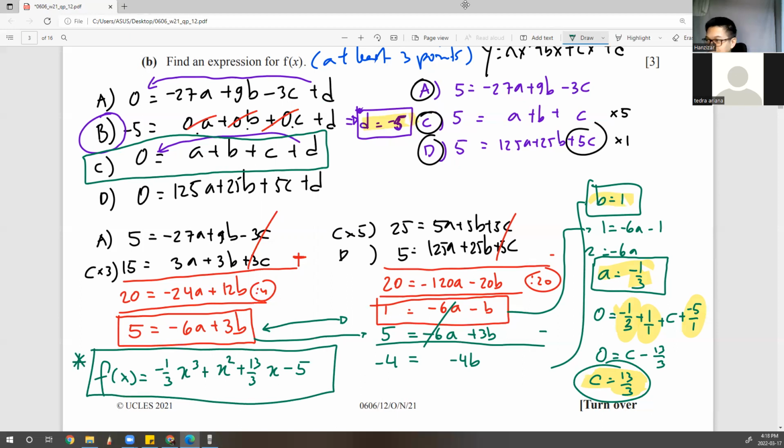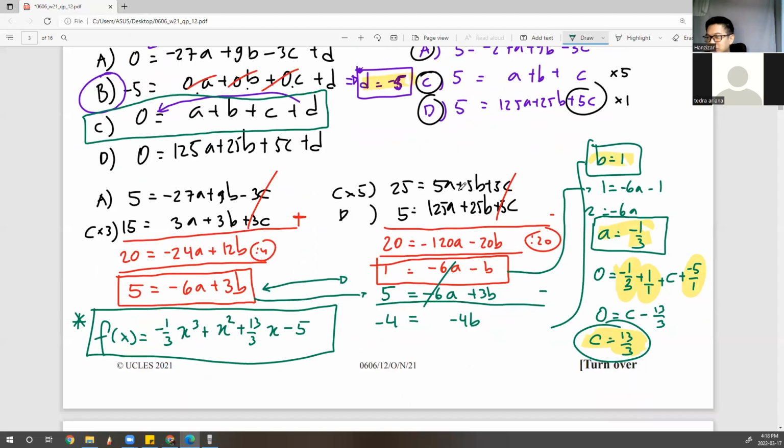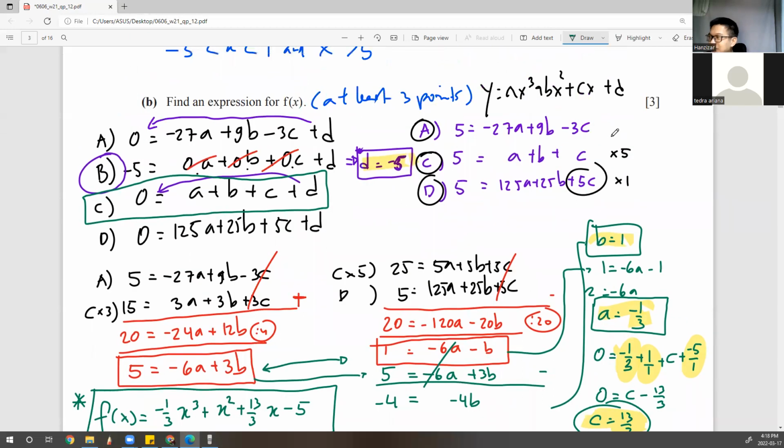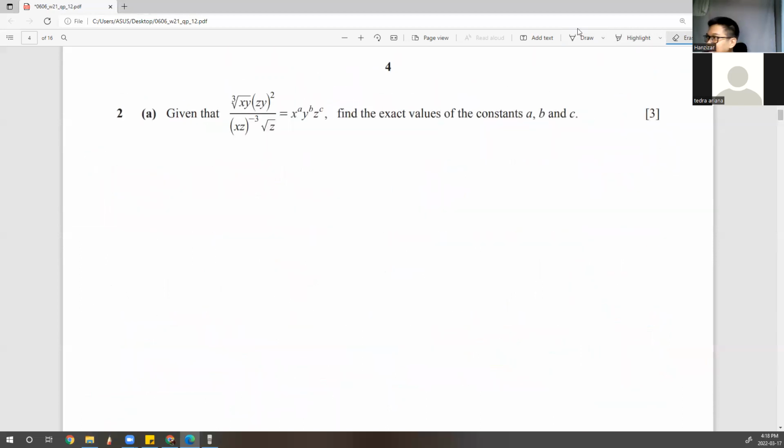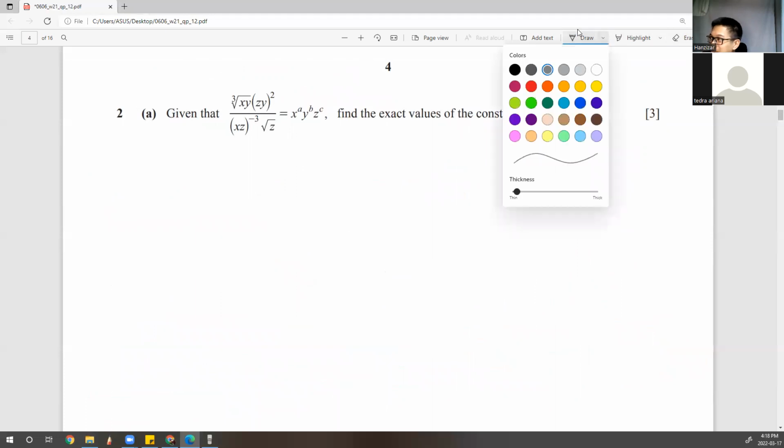One way, you have to do the elimination of 3 formulas, 3 eliminations. This is the first elimination, second elimination, third elimination. Because we have 4 unknowns, you pick 3. Okay, now let's go fast. We took too long on that question because it's hard and long.